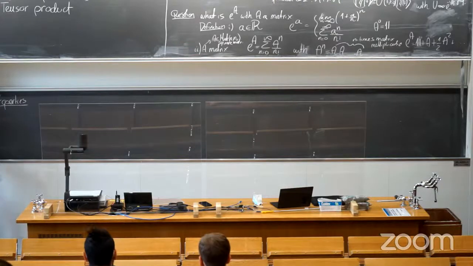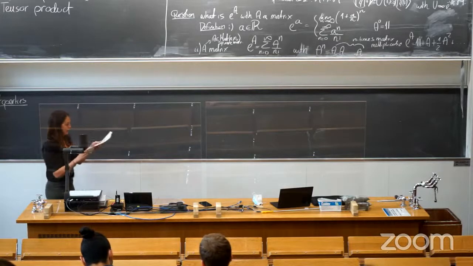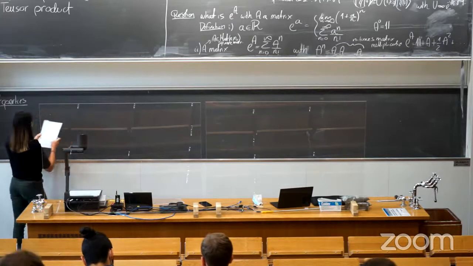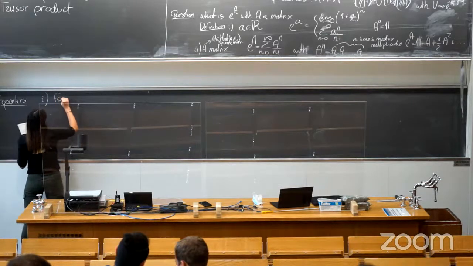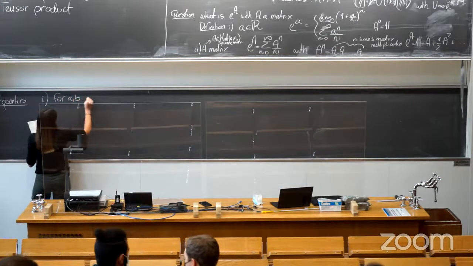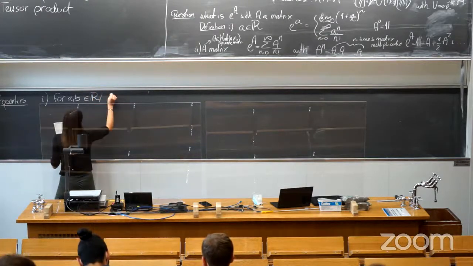For this, we go first back to real numbers and remember one of the properties of these numbers. So for two real numbers, actually this is also true for complex numbers, exactly the same.